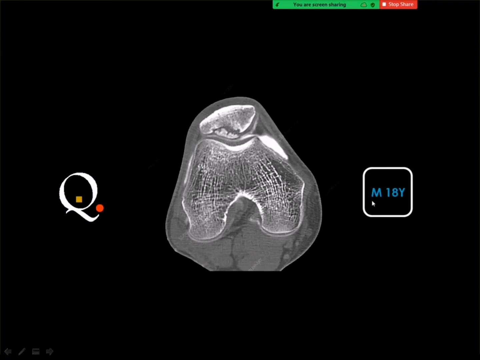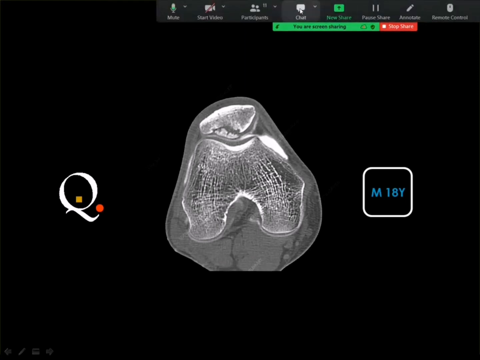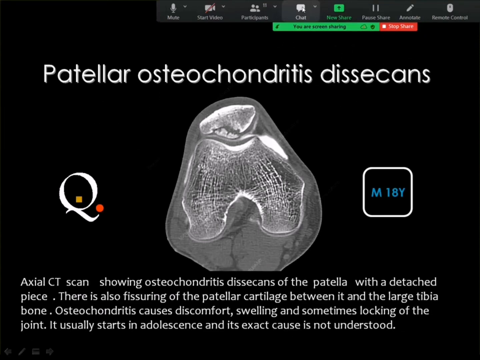Male, 18 years old, and this is axial CT image of the knee after injection of contrast material inside the joint. Okay, and you got the answer.